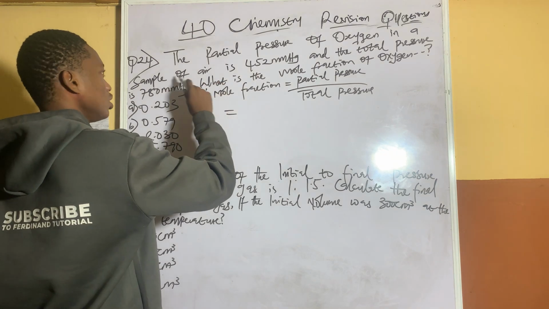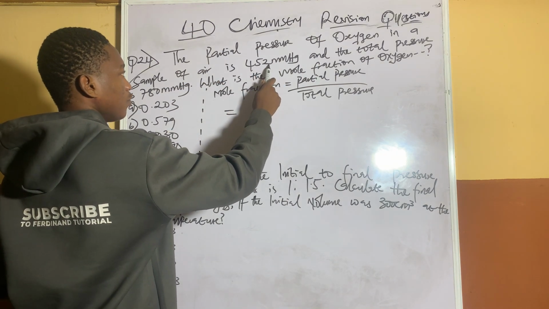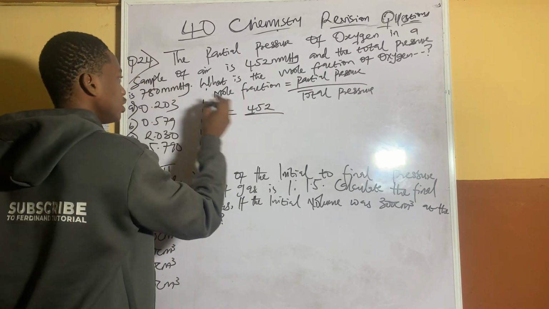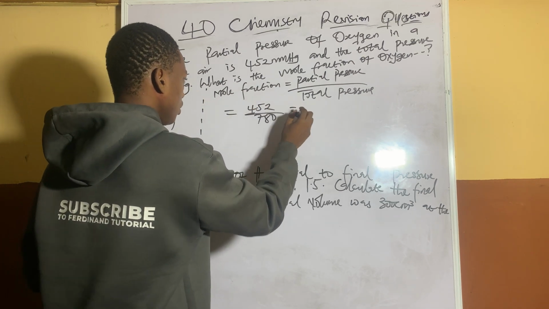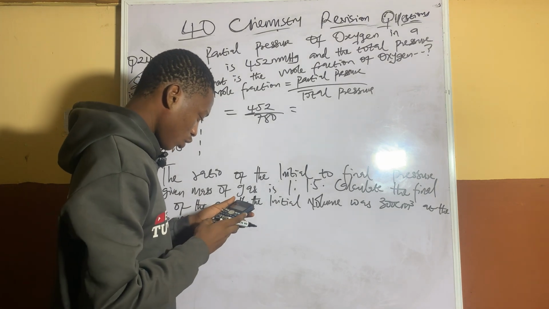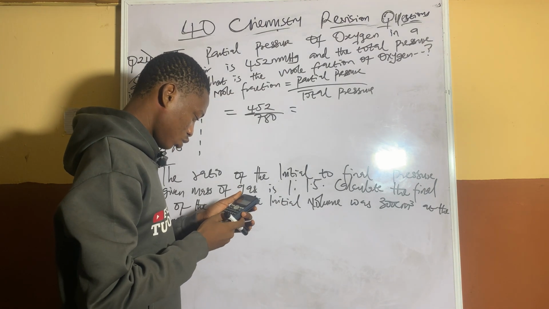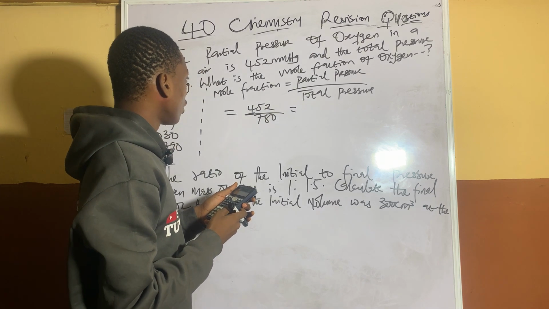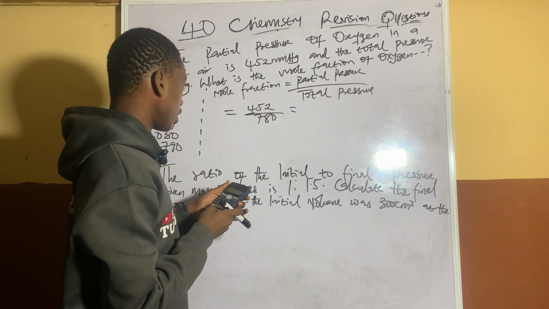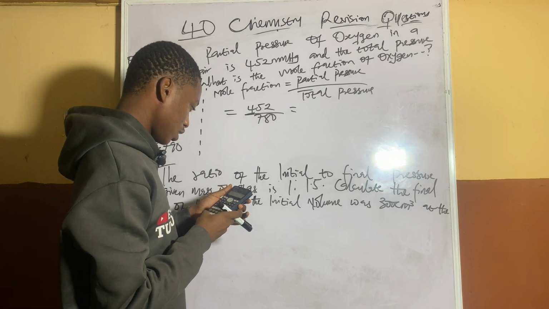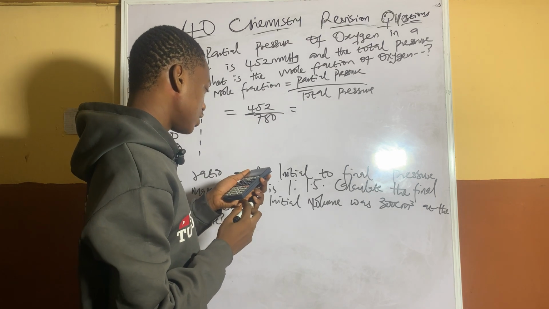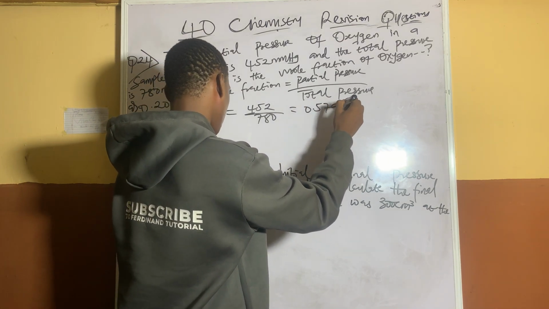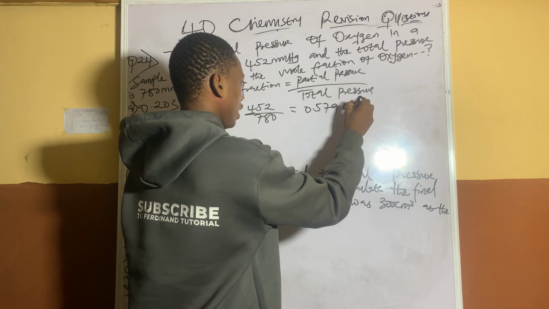Now, what is my partial pressure here? My partial pressure is 452. What is my total pressure? 780 millimeter mercury. So my mole fraction is 452 over 780, which is 0.57949.